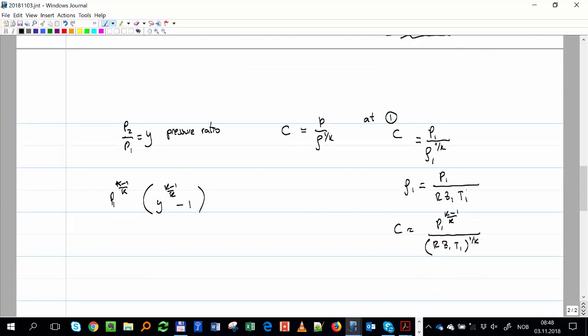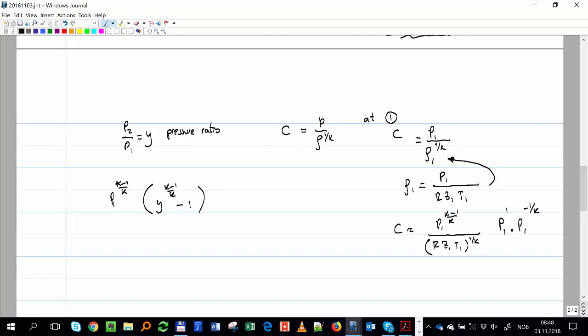Density. So when I substitute here, so I substitute this guy here, I end up with 1 over k. Okay, so it will be P1 times P1 minus 1 over k, right?